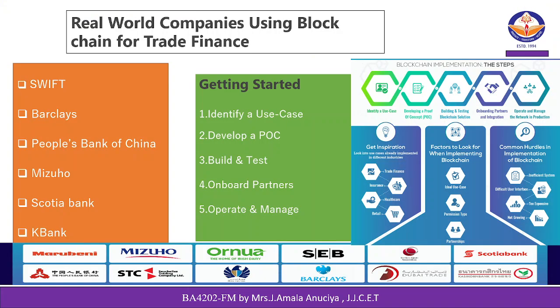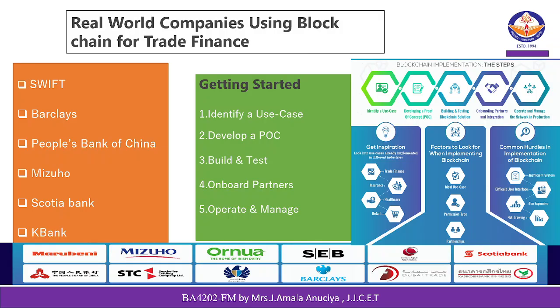Real world companies using blockchain for trade finance, and getting started. Many companies are using blockchain for trade finance. They include the following: first Swift, Barclays, People's Bank of China, Misco, Scotia Bank, K Bank.